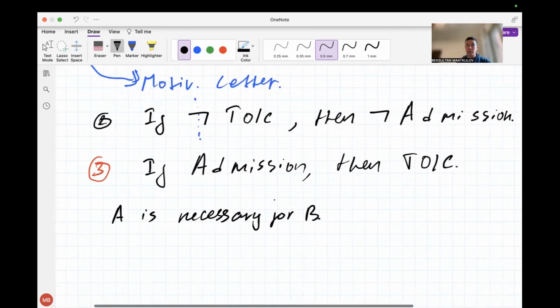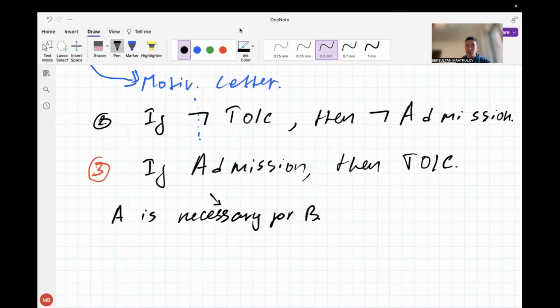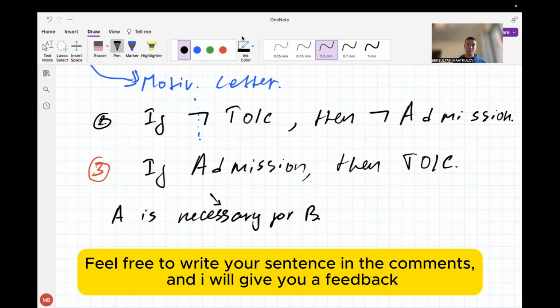So try to come up with a statement using a necessary condition, and I will check if it's correct or not. Just write your statement in the chat, or you can say it using your microphone. I don't know how much time you need, but yeah.